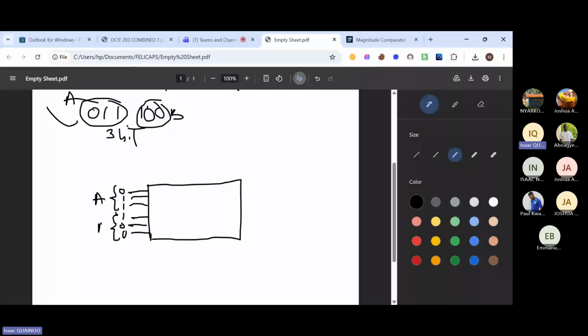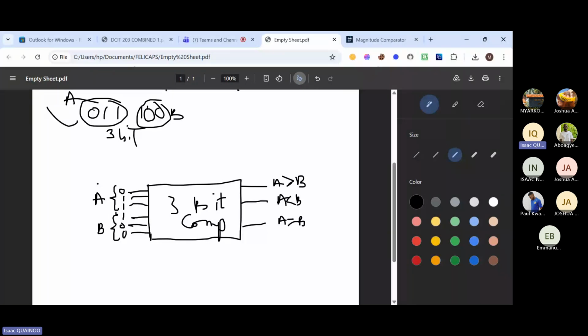So the output is going to remain the same, which is A greater than B, A lesser than B, and then A equal to B. So we are going to have a 3-bit comparator.